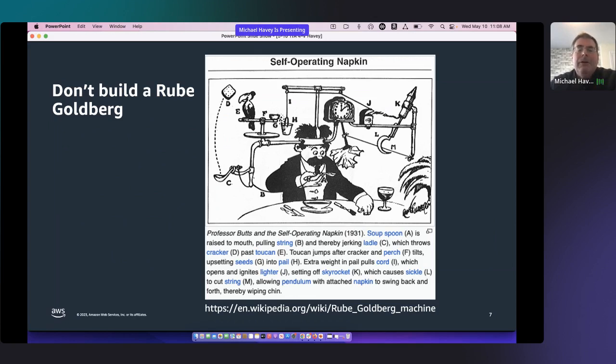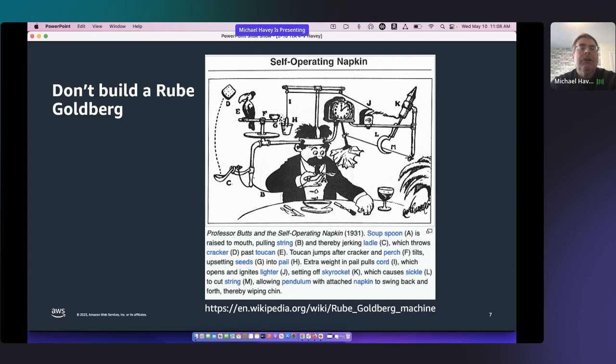So I won't go through this picture in much detail, but this is a famous picture of a Rube Goldberg where a man is looking for a self-operating napkin. When he raises the spoon, as he's drinking his soup, he wants the napkin to basically wipe his mouth. And the way this will work is that when he raises the spoon, it will cause a ladle to fire a cracker into the air.